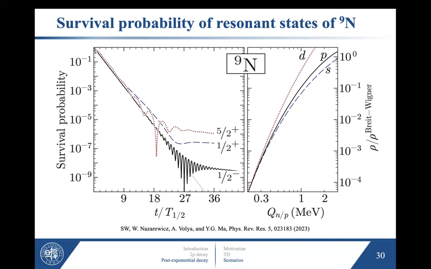Do you have any idea why the 1/2 plus doesn't show that? Well, maybe because the 1/2 plus state is the analog of the virtual state, which already has scattering features.